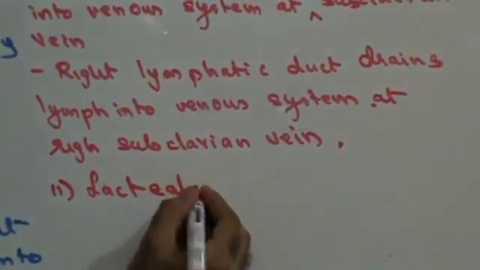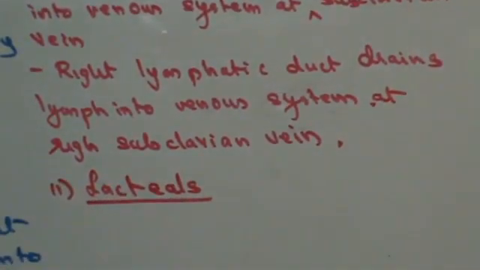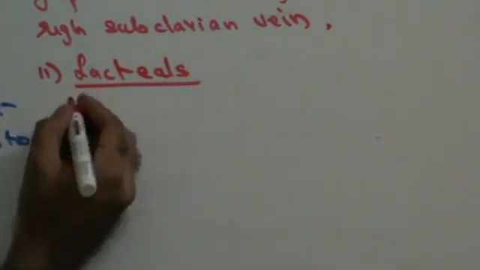Lacteals, right? It is nothing but a milky colored lymph capillary found in the villi of the small intestine, right?